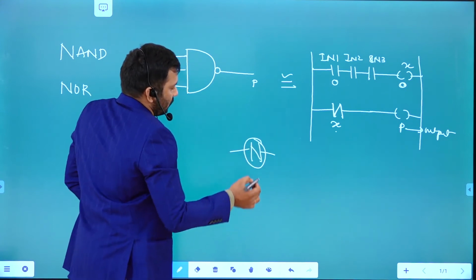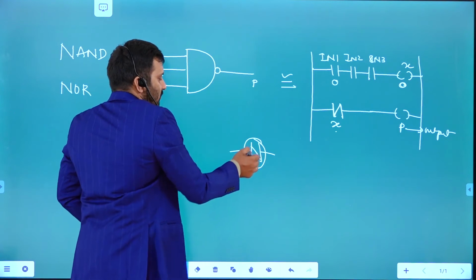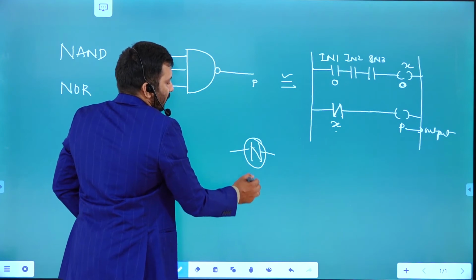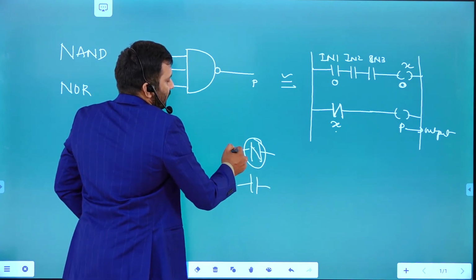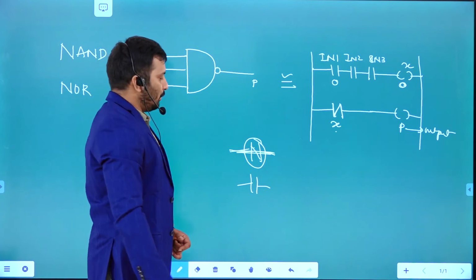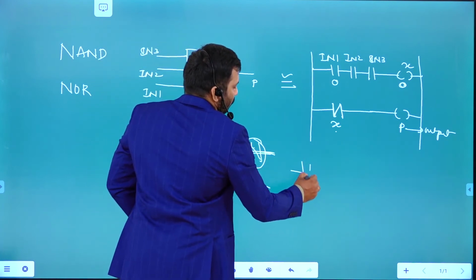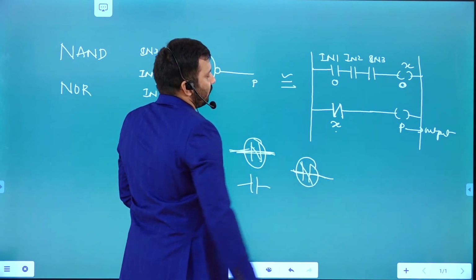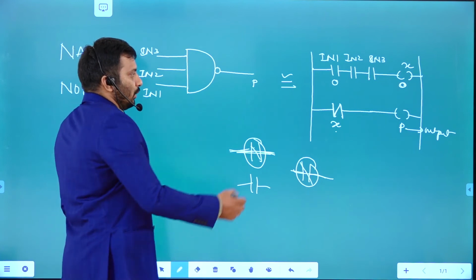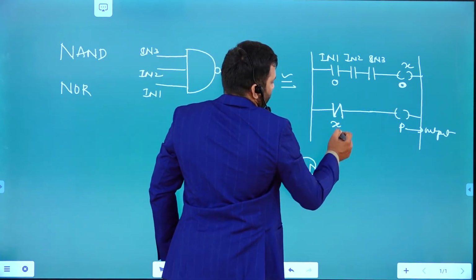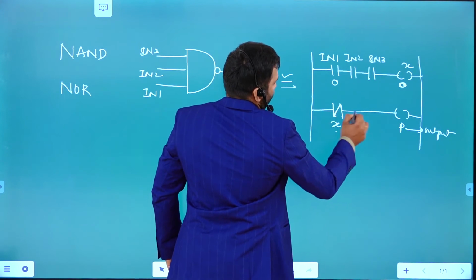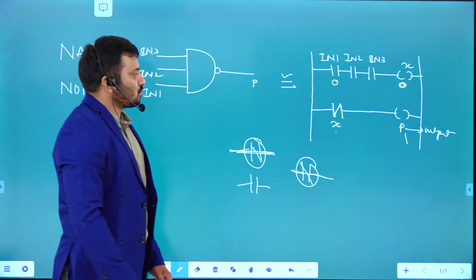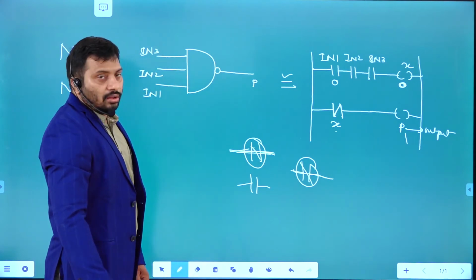If it is activated, that means if the input is 1, then it's going to become open and disconnect the continuity. For a normally open contact, if you activate it, then it's going to be closed and contact will happen. So whenever this is 0, it's already a normally closed contact, so it stays in one state, it's going to be 1.